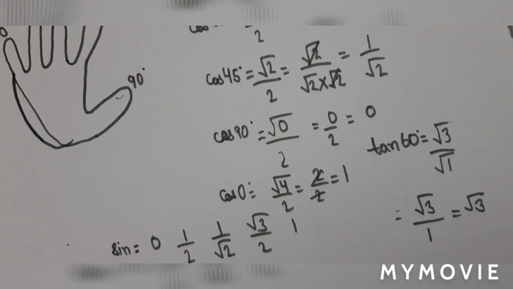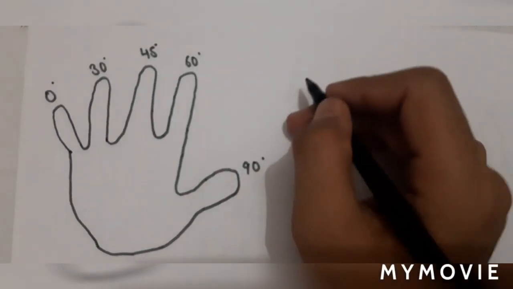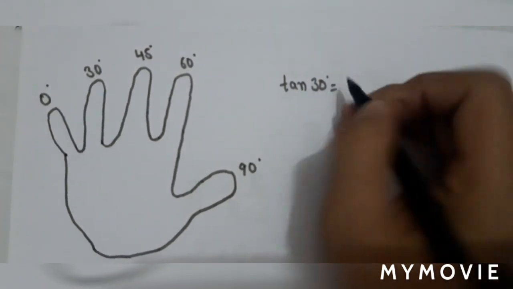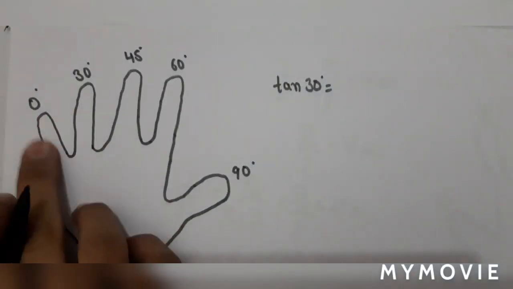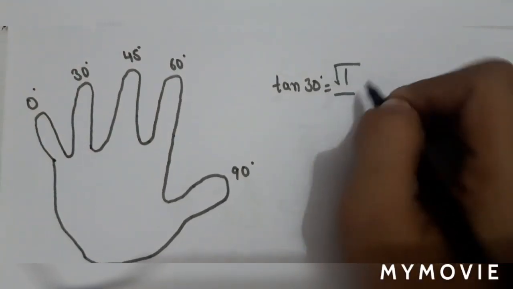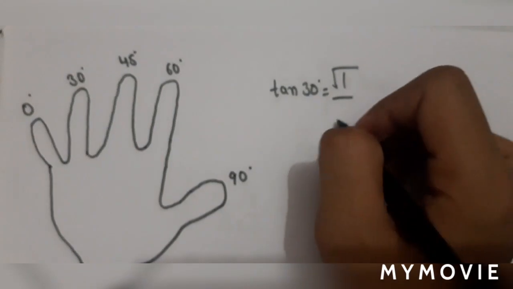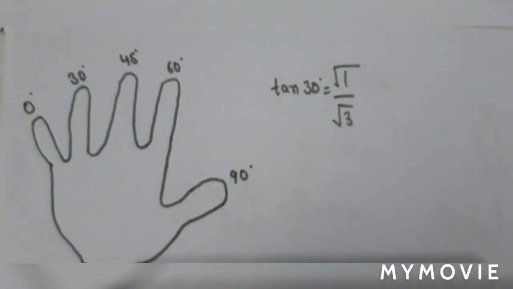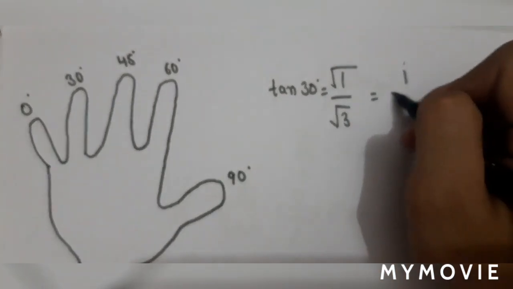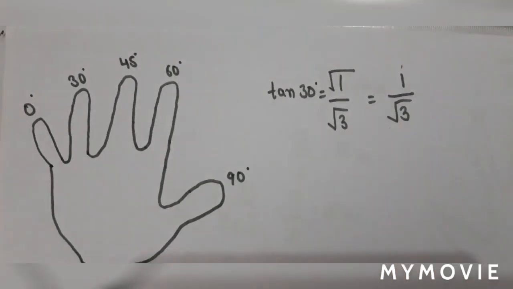So friends, let's take tan 30. So for tan 30, how many are remaining this side? Only 1 is remaining. We should find the root of 1. And how many are remaining this side? 3 are remaining. So we should find the root of 3. So now root 1 value is 1 and 1 by root 3 we got.